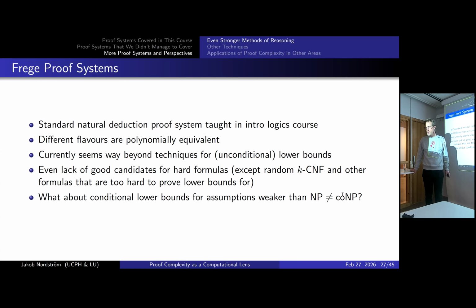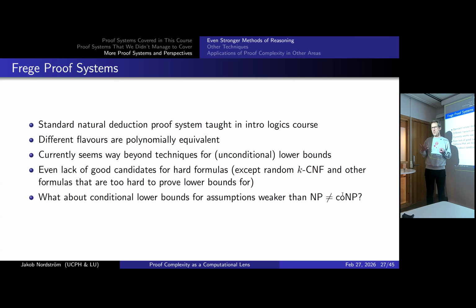Frege proof systems seem way too strong for what we can prove lower bounds for. And I think it's also fair to say that it's not even clear if we have good lower bound candidates. Random k-CNFs, yes, of course. Maybe pseudo-random generator formulas, but then you have the paradox somehow that the formulas that are hard enough to be hard are also very hard to understand well enough to prove lower bounds for.